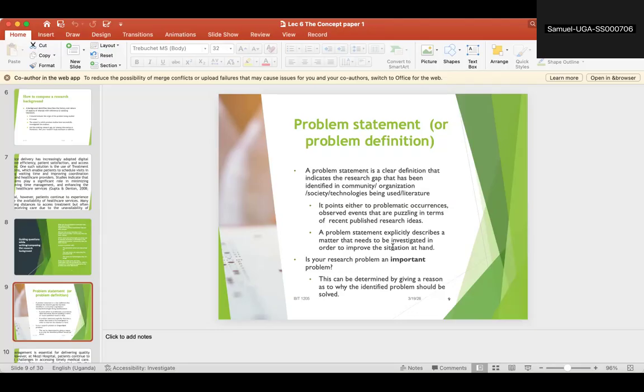So basically there are quite a number of problems, and you have to focus on the important problems. This can be determined by giving a reason as to why the identified problem should be solved.